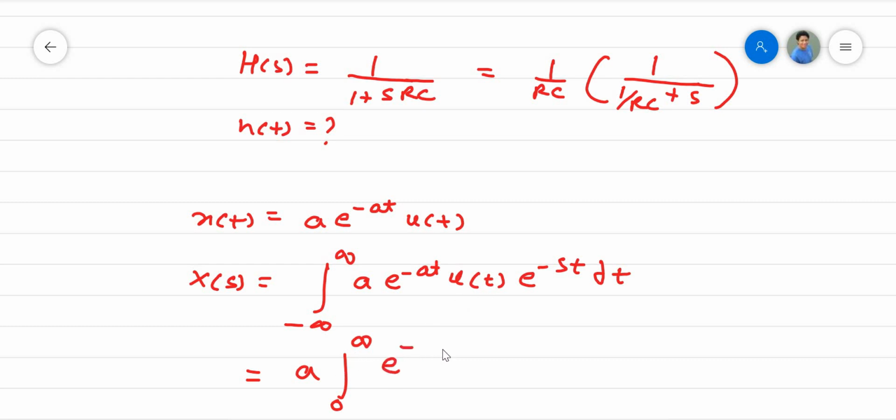So it will be a times the integral of e to the power minus (a plus s) t dt.